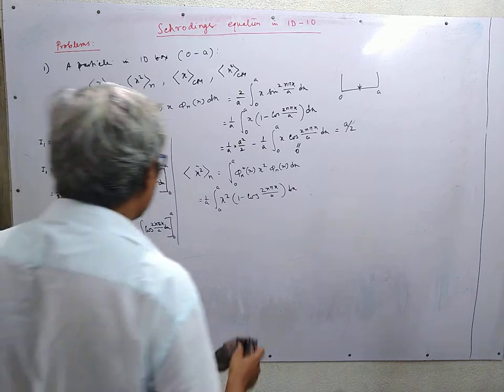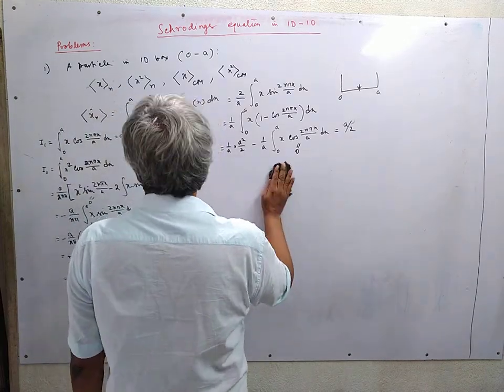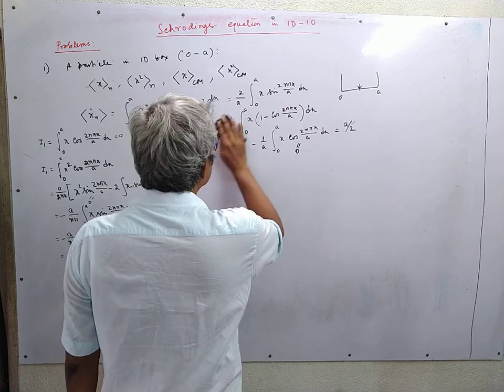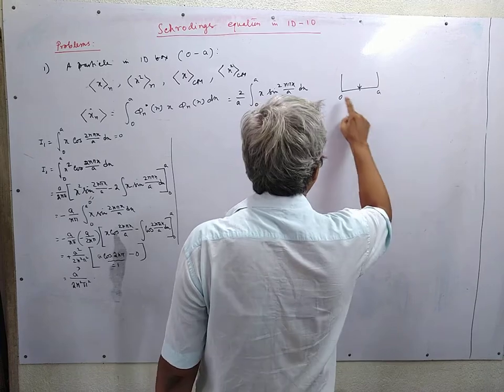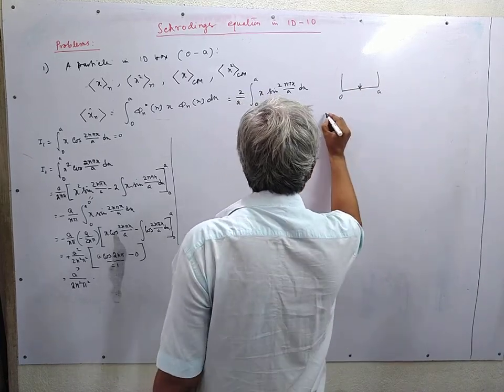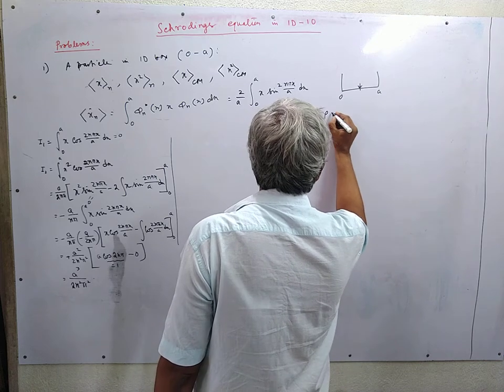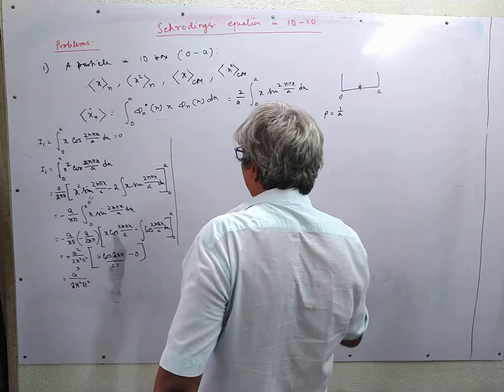Now we come to the corresponding calculation of x and x square in classical mechanics. Since the particle is moving back and forth between 0 to L, the probability of finding the particle in this case is 1 by a, so it is equally probable.